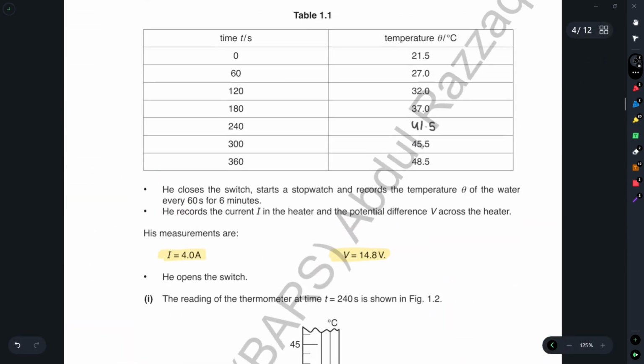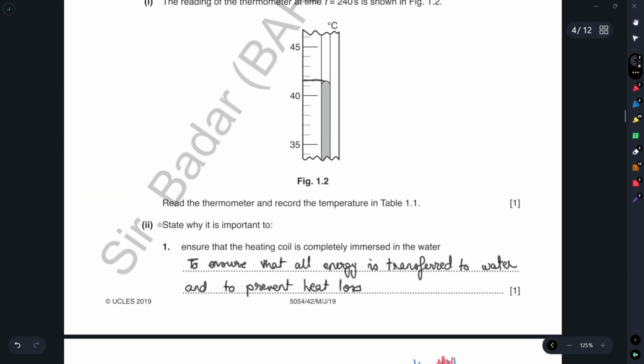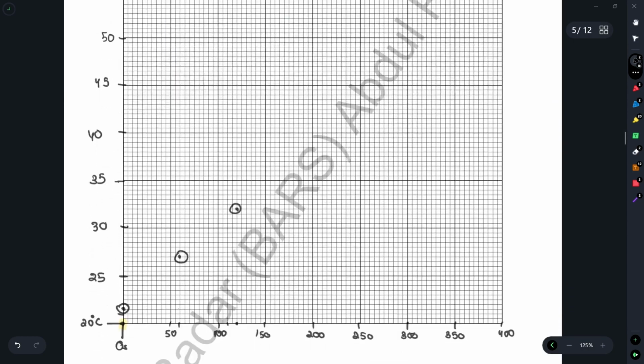Then after 32 we have 37, 41.5. So at 180, which is going to be somewhere over here, we have 37. So 1 and 2. So you got 37. And then after 37, we have 41.5. So at 240, you got 40, 41, and 41.5.